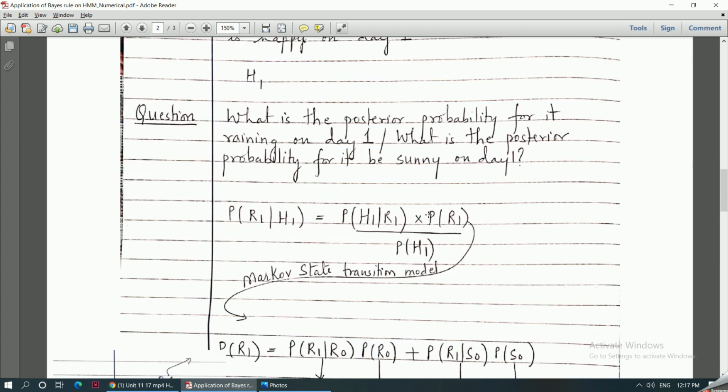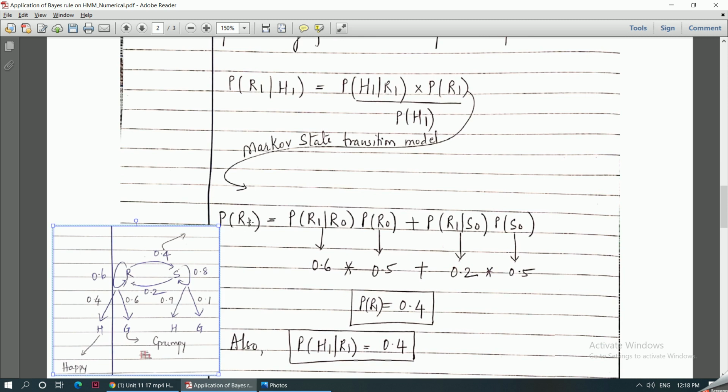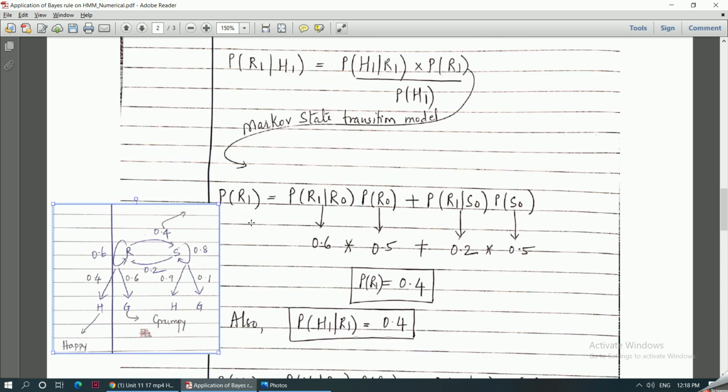So first let us see how we calculate the probability of it to be raining on day 1. So this is nothing but your Markov model. Alright. So if you see over here, the probability for it to be raining on day 1 is nothing but the probability that we have to find, given that we consider the previous probability.